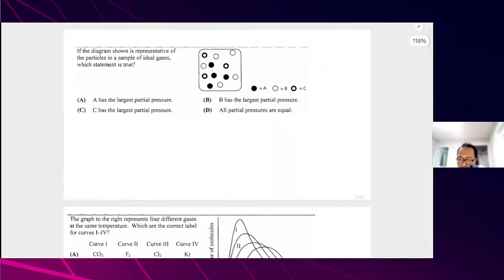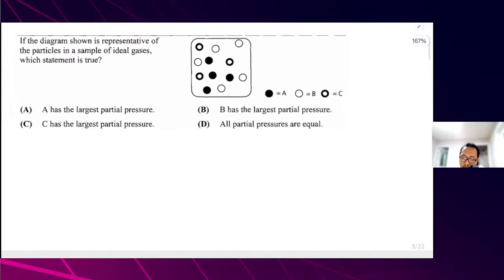Okay, so now let's move on to the other part. If the diagram shown is representative of a particle sample of ideal gases, which statement is true? Just the concept of the ideal gas mixture: P total will be PA plus PB plus PC.